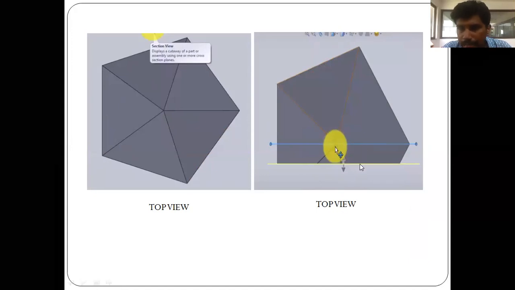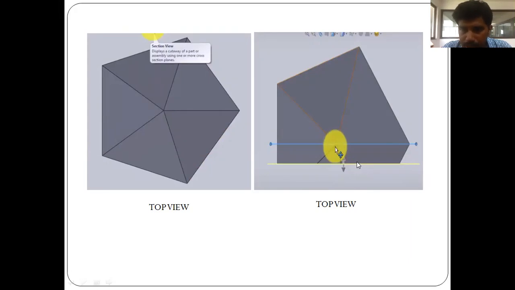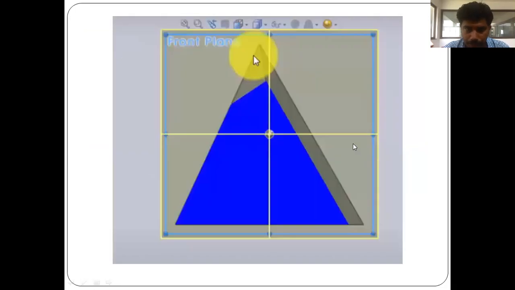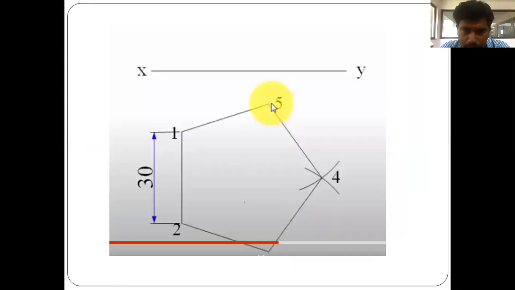This will be 8 mm in front of the central axis. This is the front view, how it looks after taking a slice of the object, with the plane parallel to the VP. This is how it looks.